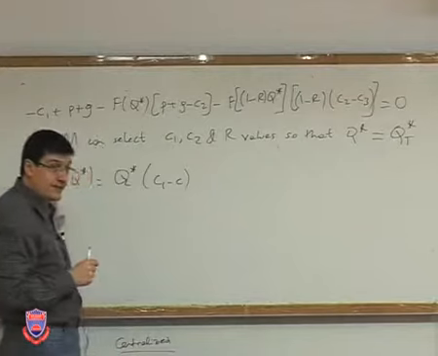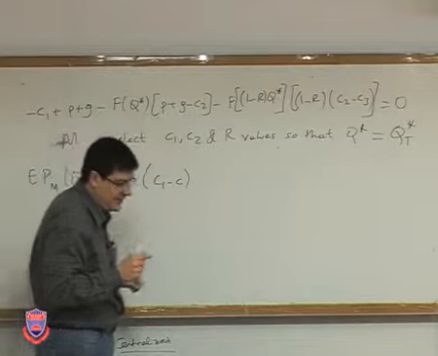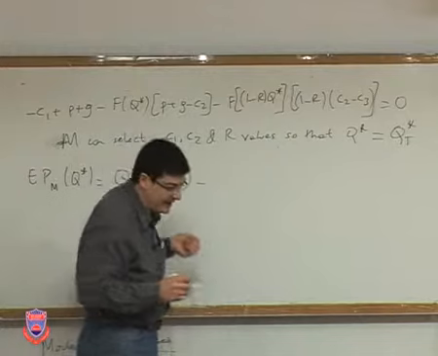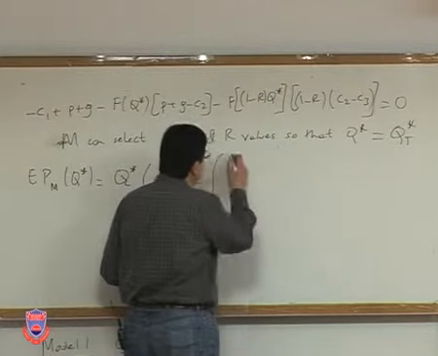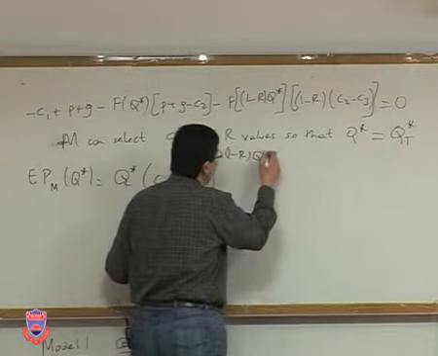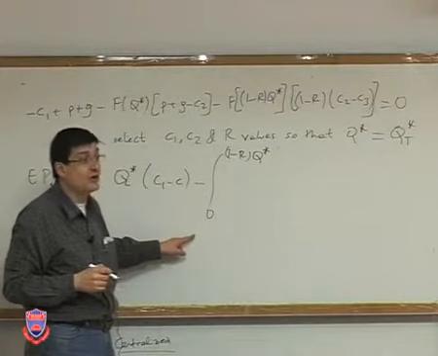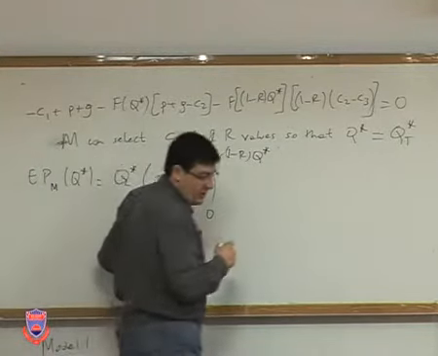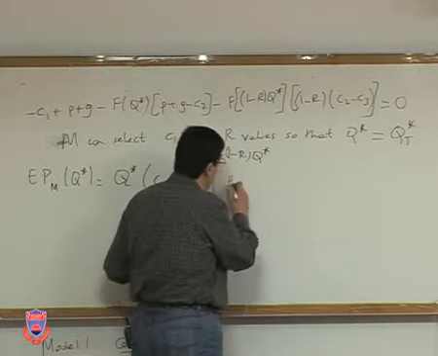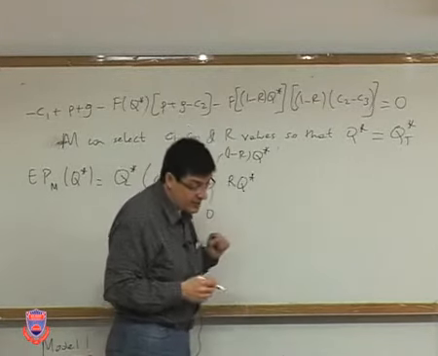Again, don't forget, this is the expected profit function of the manufacturer, given that Q star is ordered. And then, however, there will be some money which is paid back. Now, if the demand is in between 0 and 1 minus R times Q star, then definitely the retailer is going to return the maximum amount. So this is going to be paid. In this case, it is going to be R times Q star units. A credit is going to be paid.